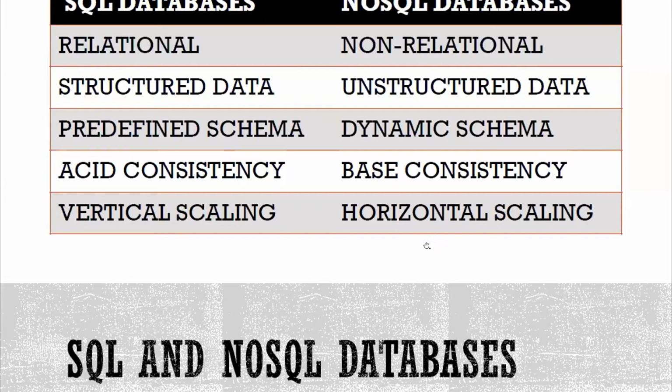BASE stands for basically available, which means guaranteed for query. It's a soft state, which means that values stored in the system may change and don't have to be write consistent, and eventual consistency. So initially you will not have consistency, and ultimately you'll reach consistency.